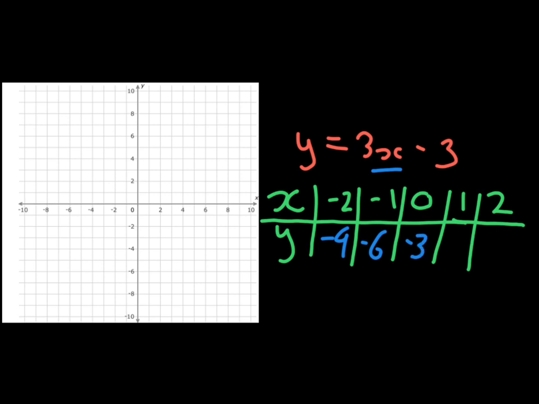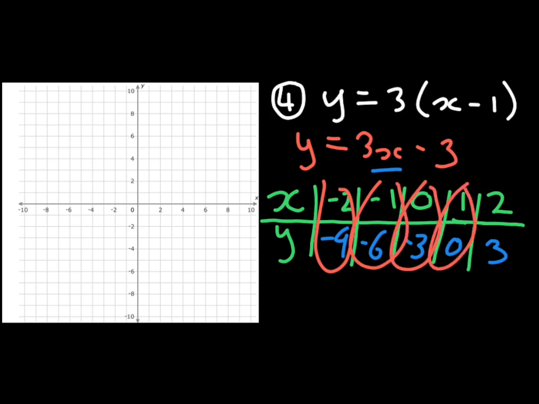Next, we're going to substitute in x equals 1, so 3 times 1 gives us 3, -3 gives us 0. Lastly, we substitute in x equals 2, so we say 3 times 2 gives us 6, -3 gives us 3. Now we have 5 points which we are going to plot on our graph.